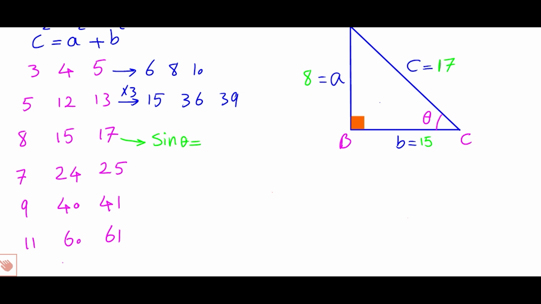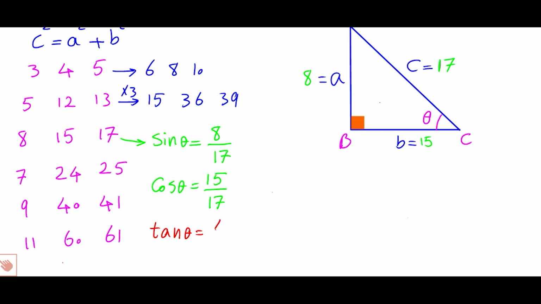So sine theta is equal to 8 divided by 17, and cosine theta is equal to the adjacent side divided by the hypotenuse. So it is equal to 15 divided by 17.